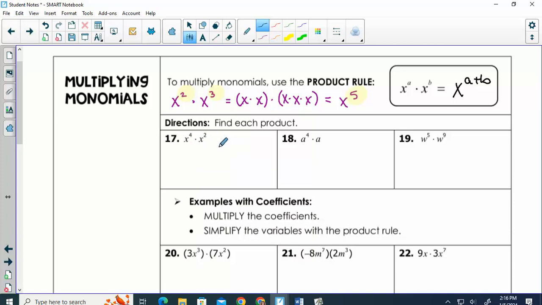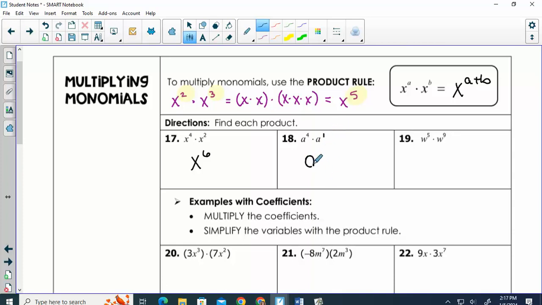All right, so let's try a few. If I say x to the fourth times x to the second, what does that become? X to the 6. 4 plus 2 is 6. A to the fourth times a. If there's not an exponent written, what do we assume?